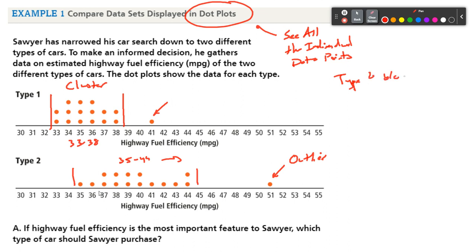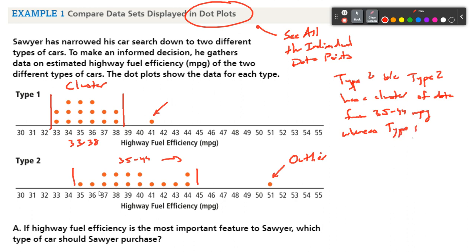Because type 2 has a cluster of data from 35 to 44 miles per gallon, whereas type 1's cluster is lower, from 33 to 38 miles per gallon.